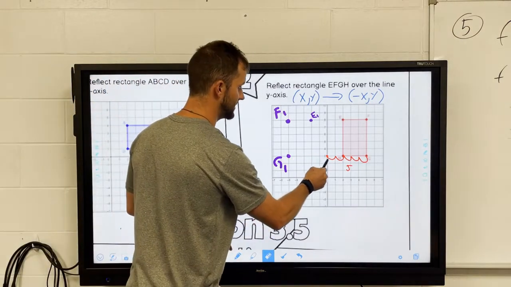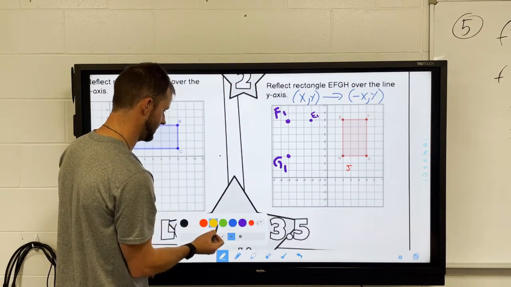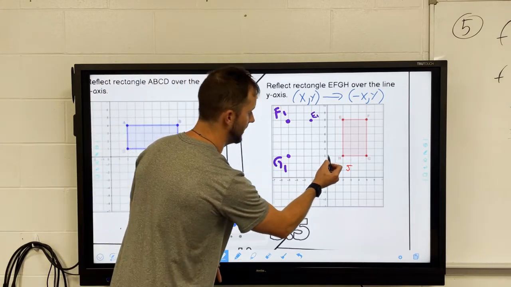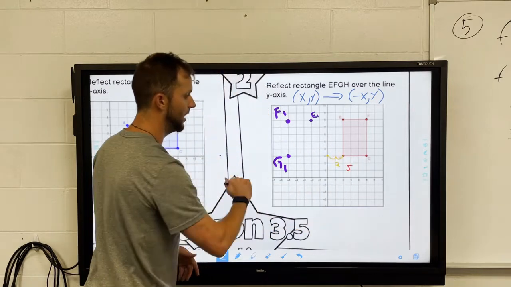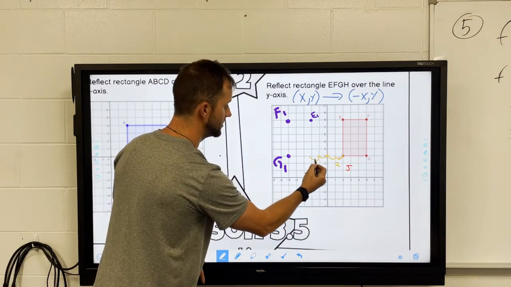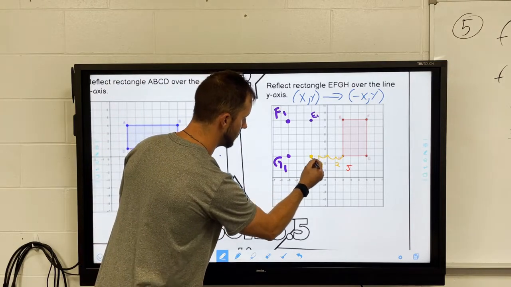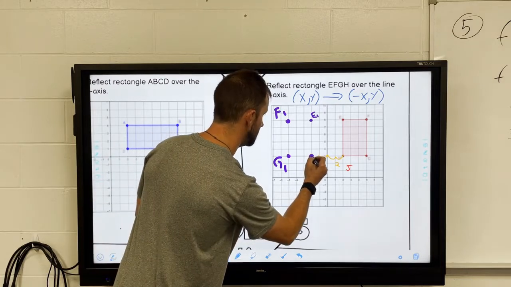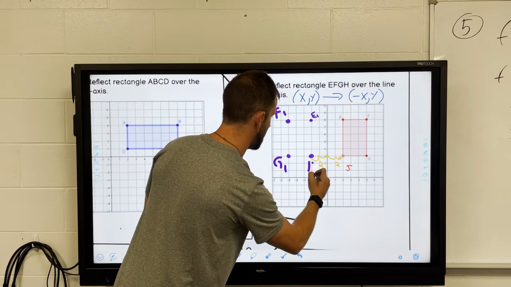So now let's look at the next one as well. So now we're looking at H here. Let me use a different color here. So from H here, from the y-axis again, starting at the y-axis, 1, 2 spaces away, reflecting over, 1, 2 spaces away. So ladies and gentlemen, right here is going to be the ordered pair. So I'll go back to my purple again. Right here is going to be my ordered pair for H, or H prime.